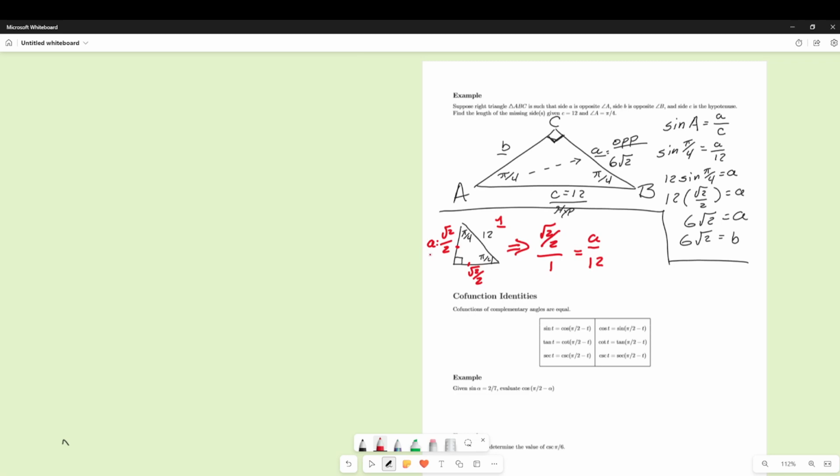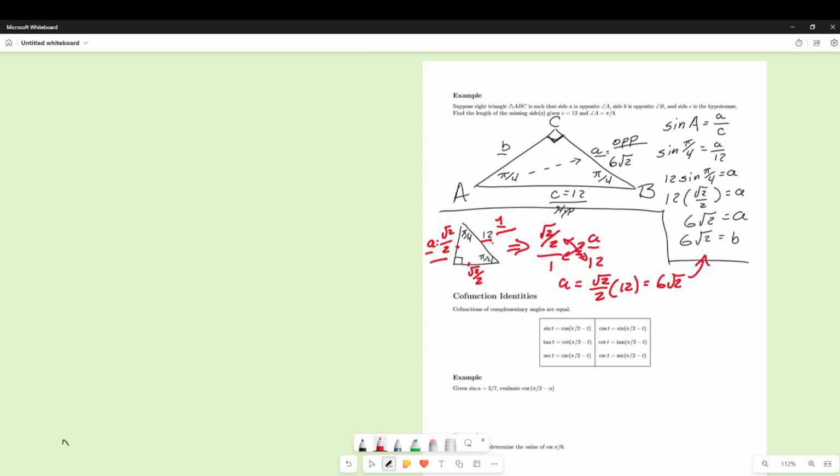So the ratio between square root of 2 over 2 and 1 has to be the same as the ratio between A and 12. And then a little property of proportions: A equals the square root of 2 over 2 times 12, which is the same 6 square root of 2.